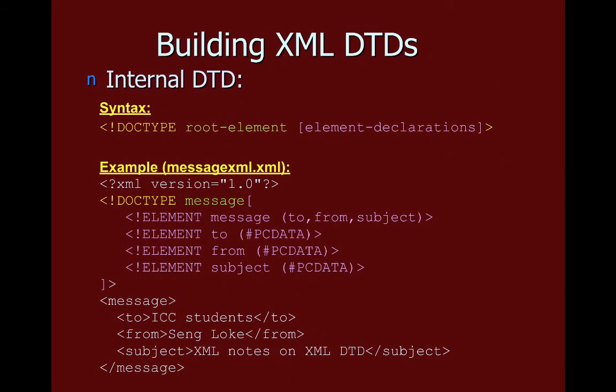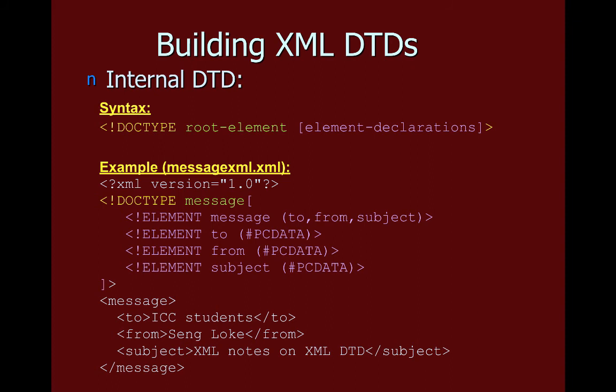So this is an internal DTD because you notice that you have an XML document with the root element message, and inside that XML document is the DTD itself. So it's called an internal DTD because the DTD is in the same document or in the same file as the XML document itself, right?